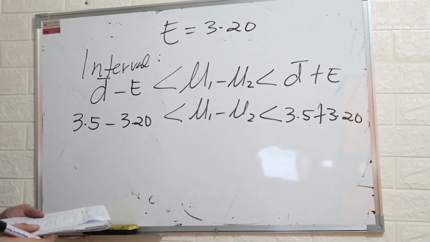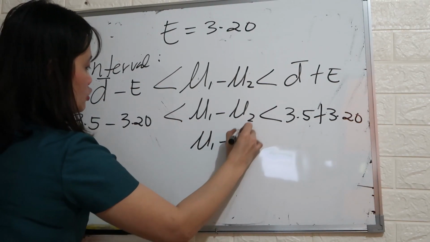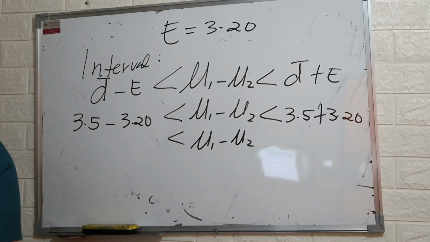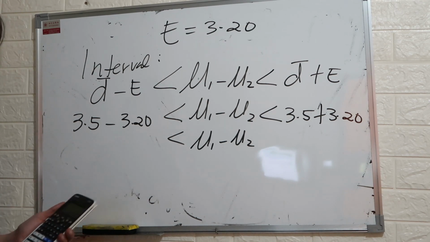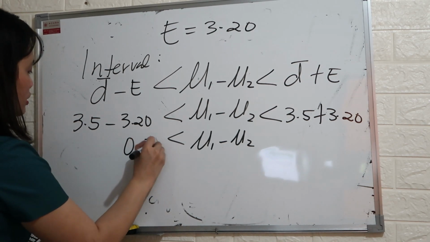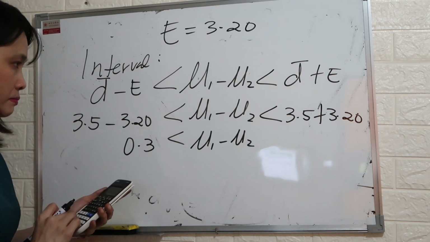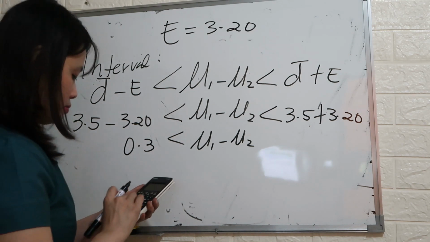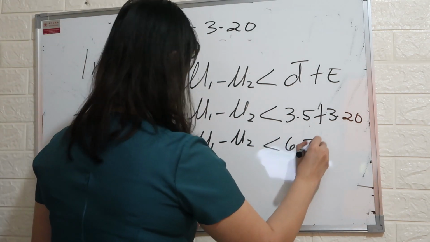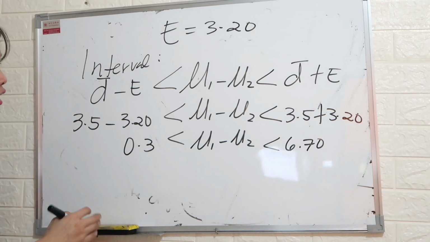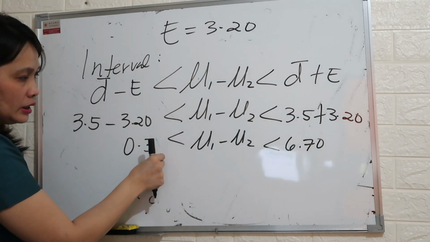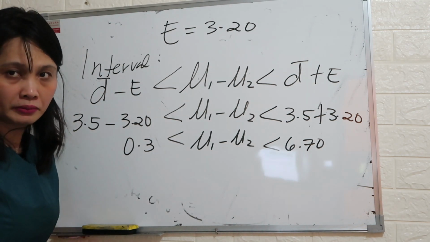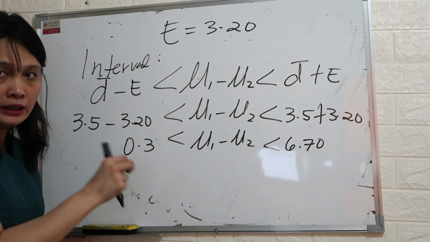So mu1 minus mu2 is greater than 3.5 minus 3.20, which is 0.3, and less than 3.5 plus 3.20, which is 6.70. So mu1 minus mu2 is greater than 0.3 but less than 6.70. That is the 90% confidence interval.